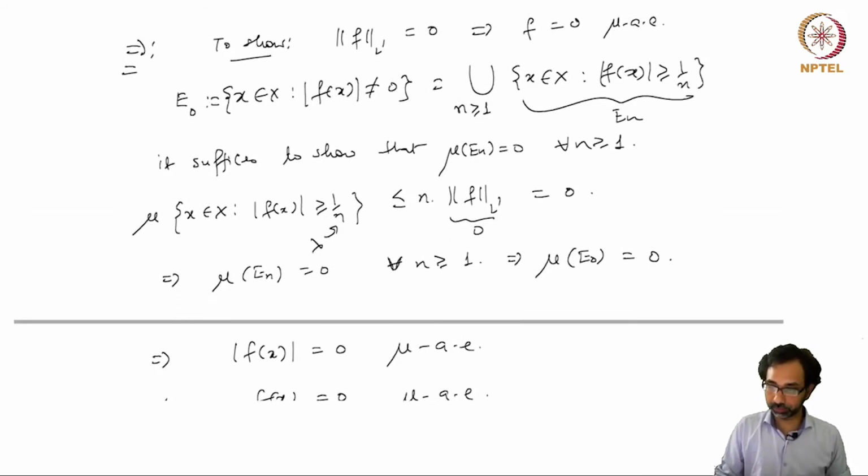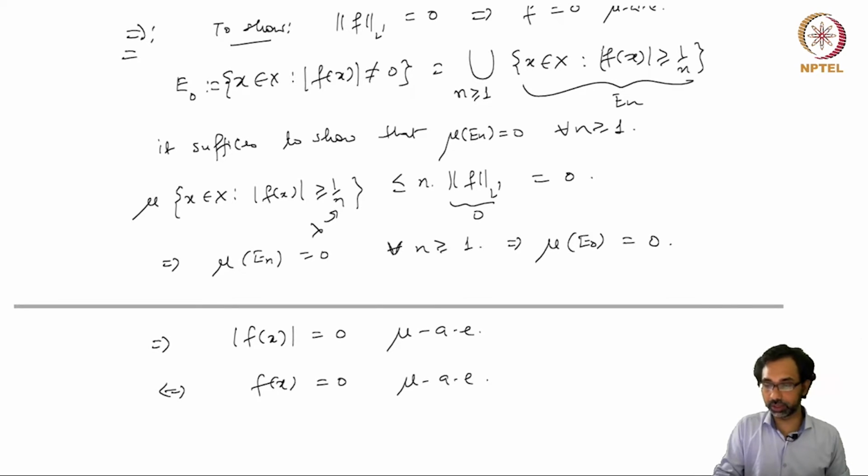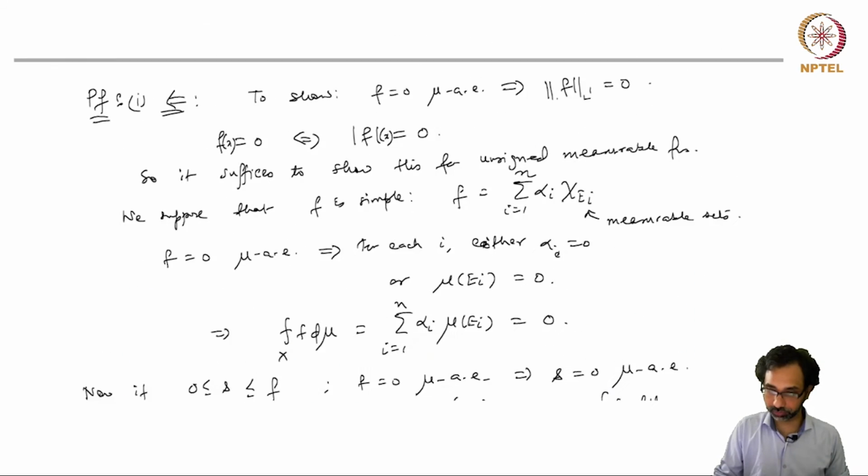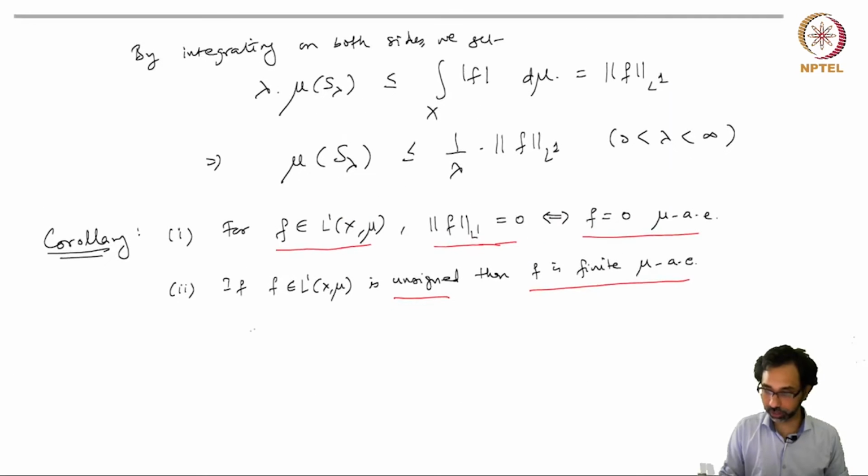So we have shown that if the L1 norm is 0, then f equal to 0 mu almost everywhere. So this shows the first part, and now let's see what was the second part.